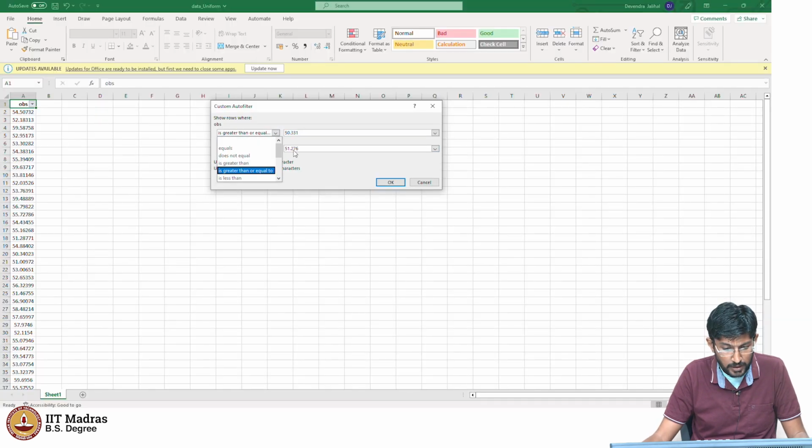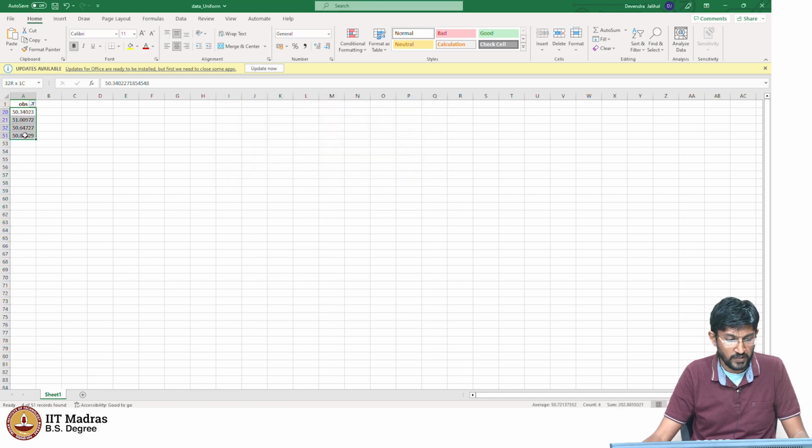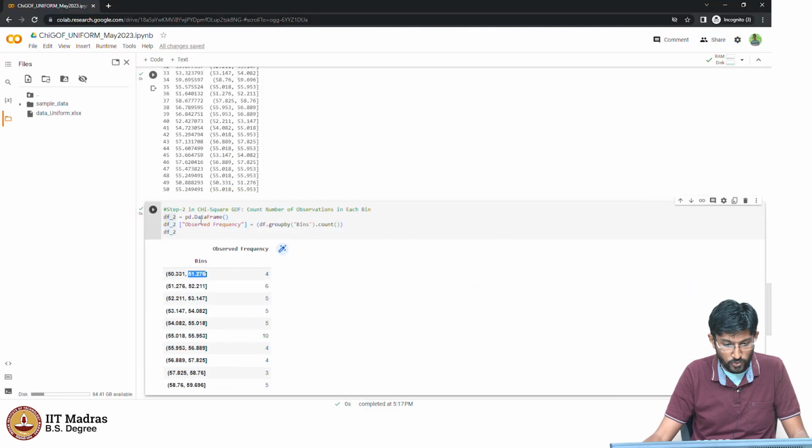Since it's an open interval, it's going to be greater than and less than or equal to, I see 4 observations in the sample, and that is why for each of these bins the number of observations is going to vary. So 4, 6, 5, 5.